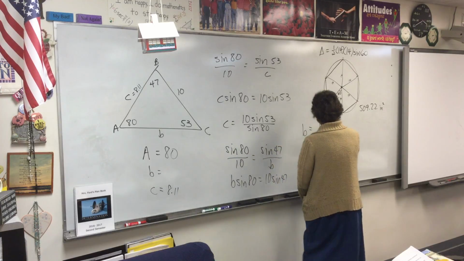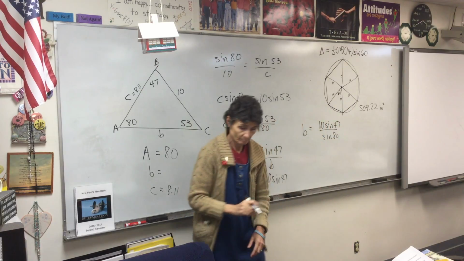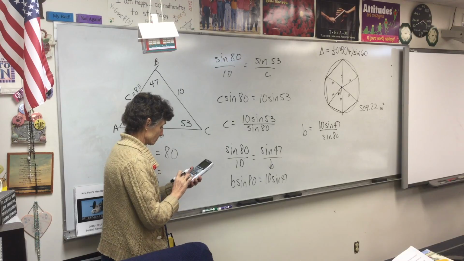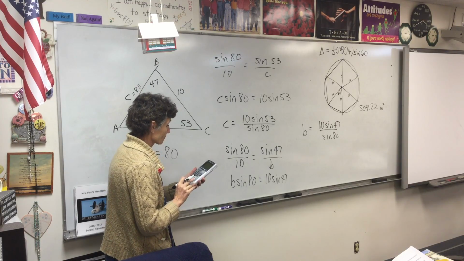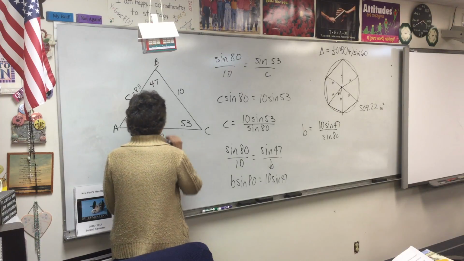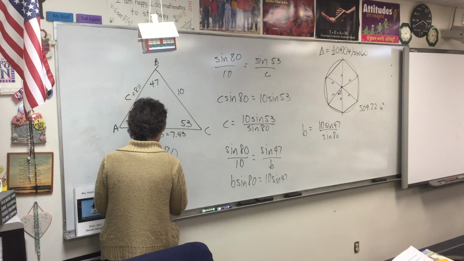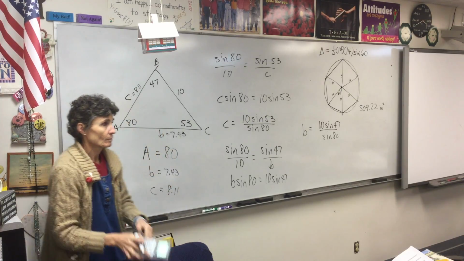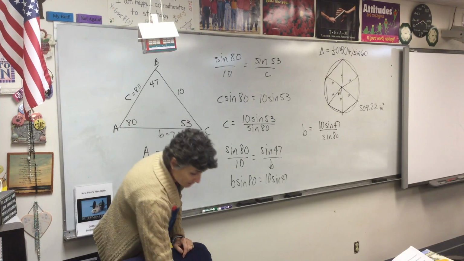And then B will equal 10 sine 47 divided by sine 80. I got 7.43. Anybody match that? And that triangle is solved.